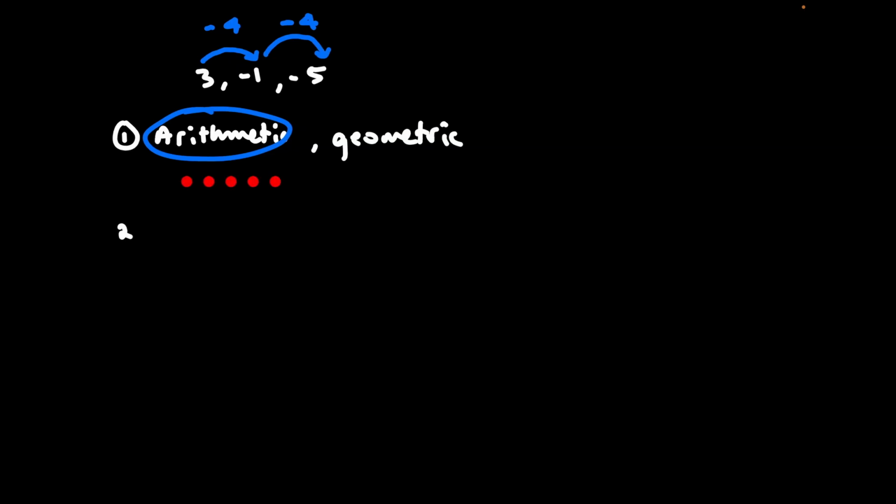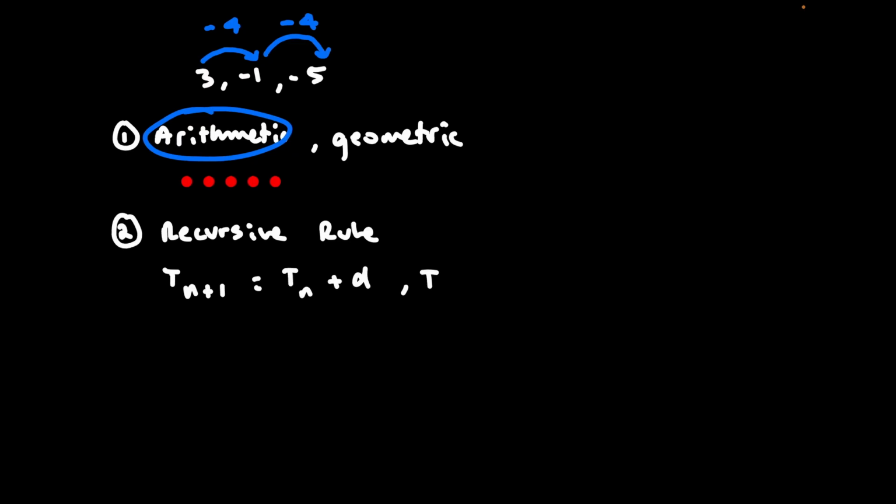Step 2. Work out the recursive rule for the following list. Well, the recursive rule for this expression here is simply in the form Tn+1 is the same as Tn plus the common difference, where the first term is always equal to a. And you must always include this.